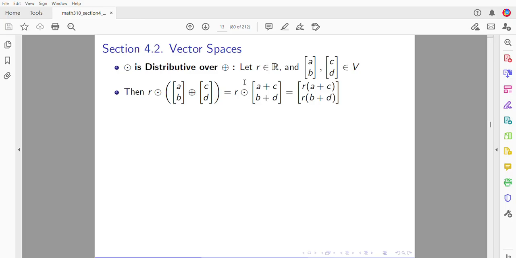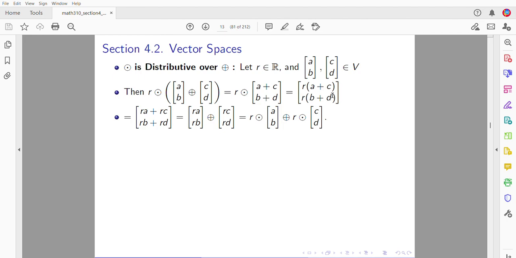Now if I apply ⊙, that is R times (A plus C), R times (B plus D). Well, this multiplication is within real numbers, so multiplication distributes over addition. That gives you (RA plus RC, RB plus RD).